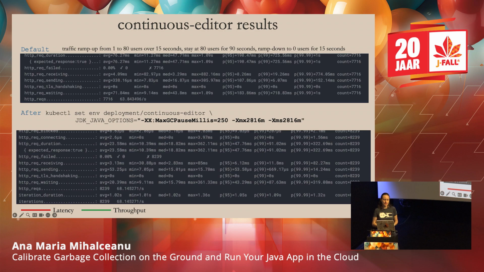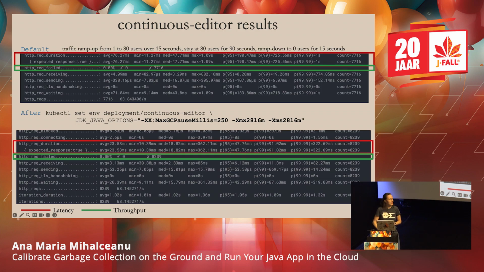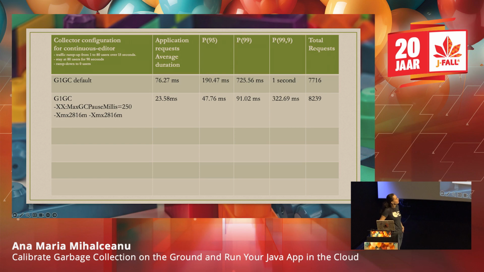It's good to increase the pause millis, but I also want to set the memory that's being used. So setting these definitely got me increased throughput, but also great performance in terms of latency as well. I could say that maybe it was a lucky coincidence that this happened, but I was pretty much happy with the results overall.